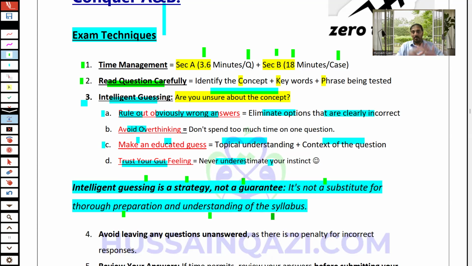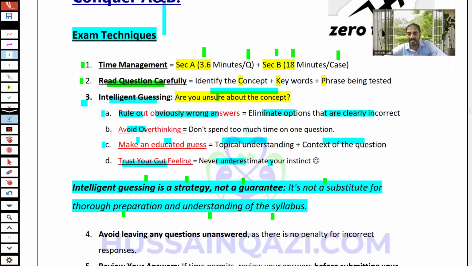That's important. By the way, whatever I'm suggesting is all extracted from the examiner report. That's not my own; I am only extracting the information. This is examiner report data.